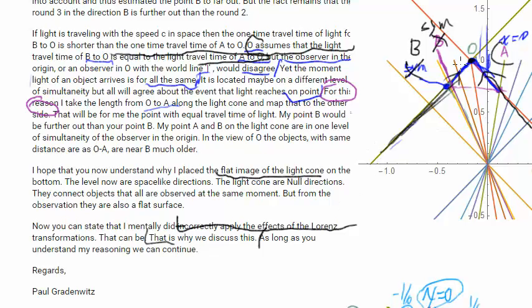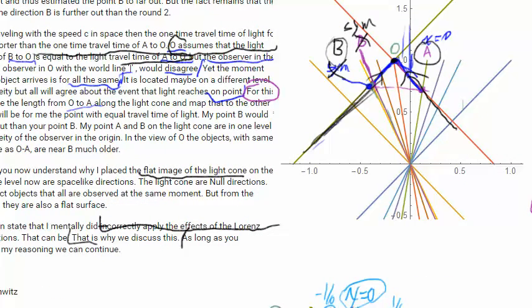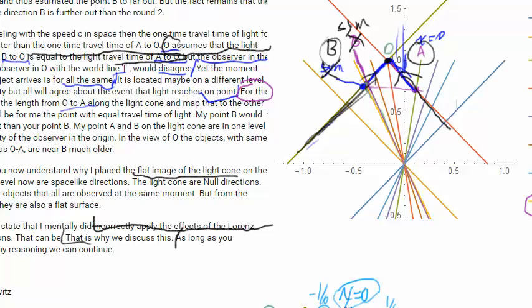The observations of A and B would be almost a flat surface, except A and B did not come from the same round. A came from the first round, round 1, and B came from round 3. So between R1 and R3 there's still another round, R2.